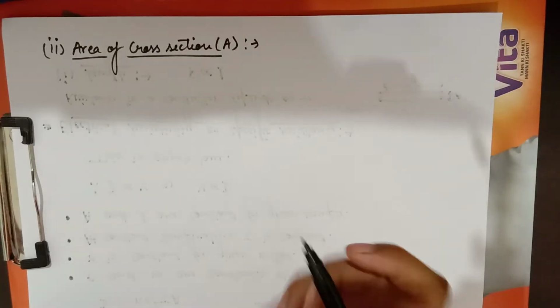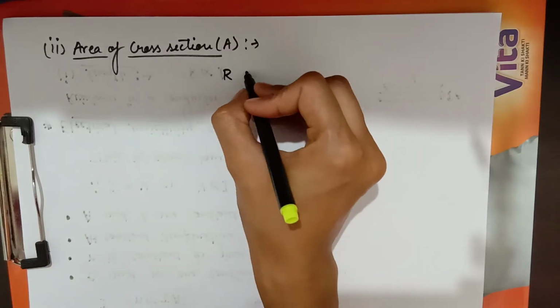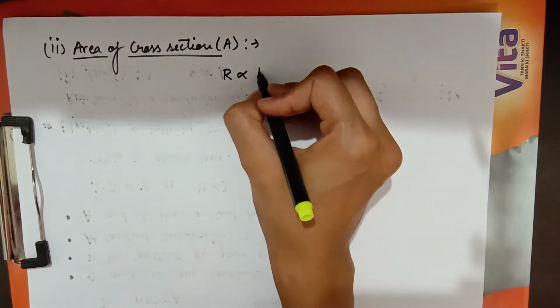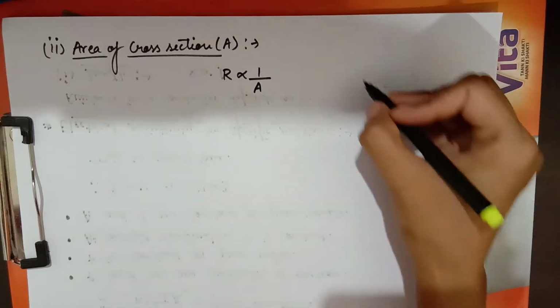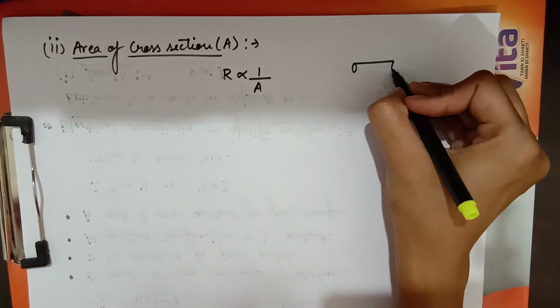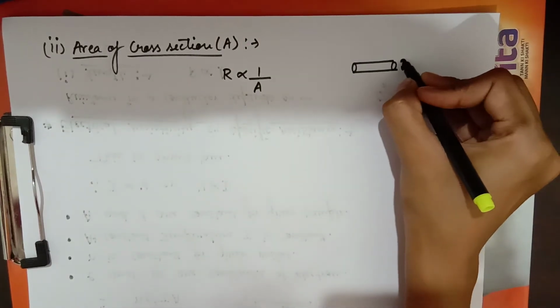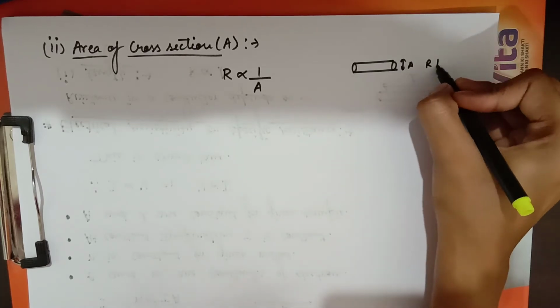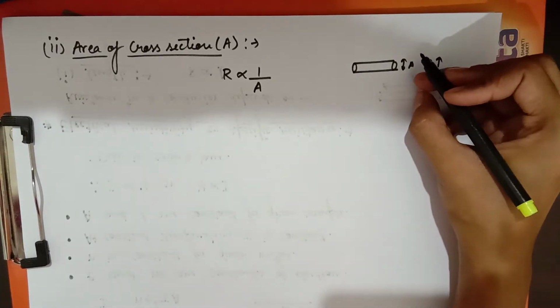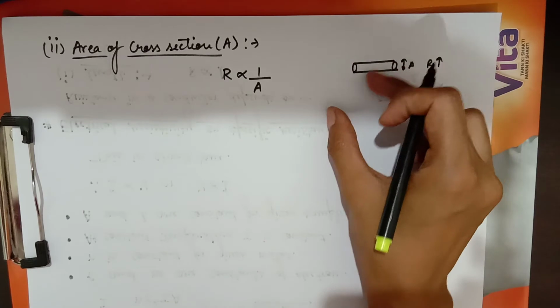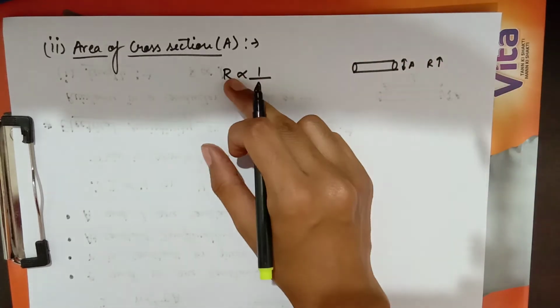It is seen that resistance is inversely proportional to area. It means if the area of cross section is small, the resistance will be higher. As there will be less space for electrons to travel, they will collide more and resistance will be higher.